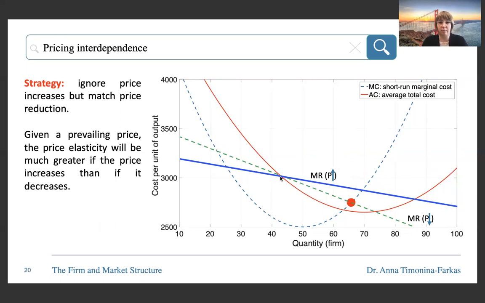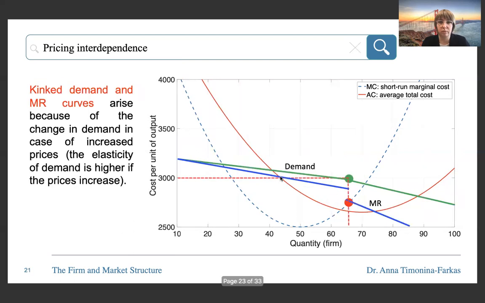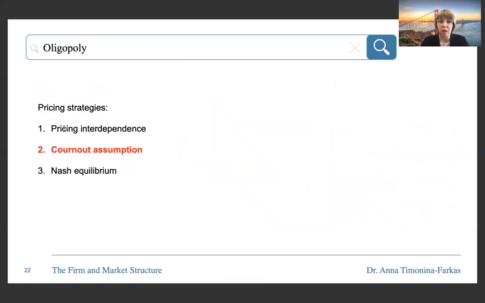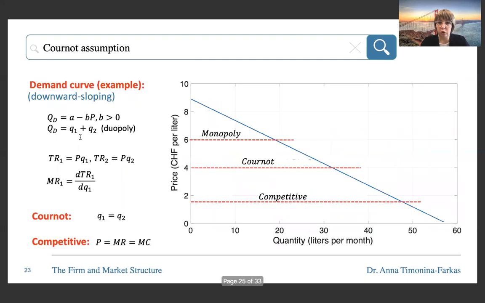And if their prices increase, the elasticities are greater because their prices are not being matched. So there will be a kink in the demand and the marginal revenue curve for the oligopoly market for the strategy of price interdependence.